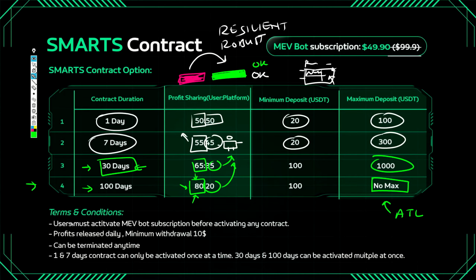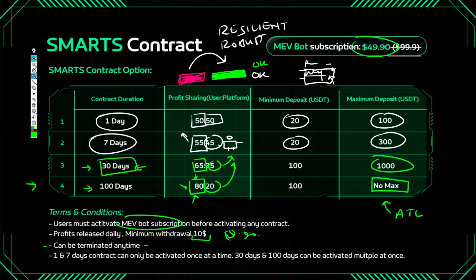So the terms and conditions are simple. You must activate your MEV Bot subscription first, for $9.90. Your minimum withdrawal is $10, so you cannot withdraw $9.90. You have to wait for it to grow a bit more. You can turn it to a contract anytime.